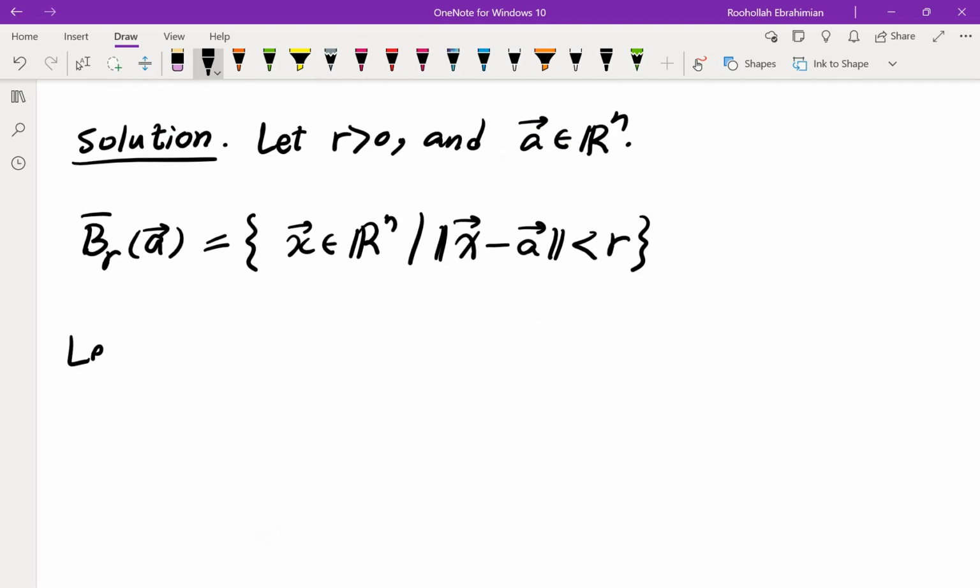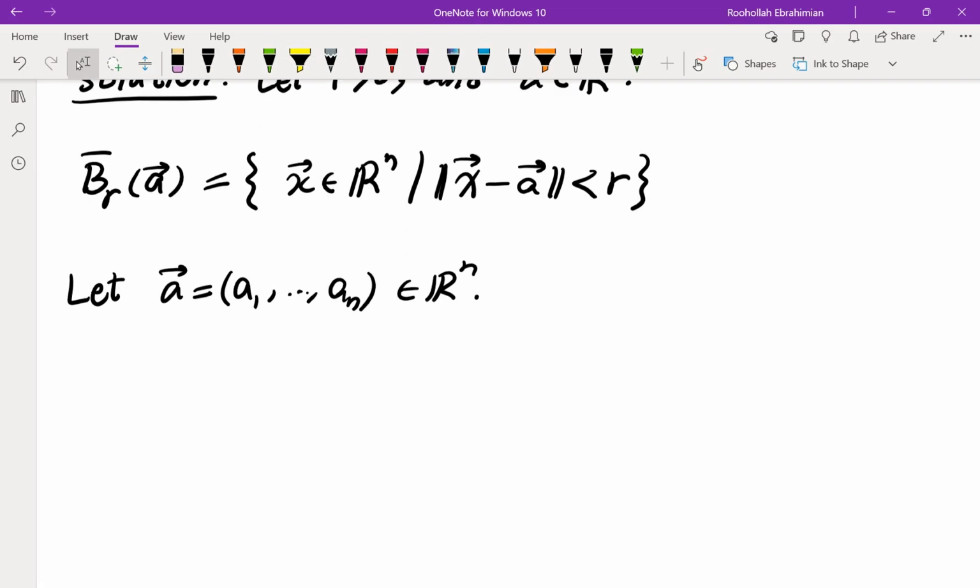Now, let a be a1 through an. So what does it mean that this distance is less than or equal to r? It means a function that is defined by the distance must be less than or equal to r, and that can be related to inverse image.